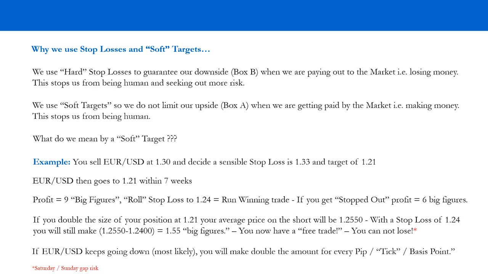So what you actually have, because you have a free trade, is a situation where for every tick or pip or basis point, whatever your measurement is, for every point that it goes lower, you will make double the amount on euro dollar, but you're also guaranteeing that you will make some money on the trade. So you cannot lose. So this is why we pull from box A when we are getting paid, because we can use risk management parameters to actually enter a free trade situation.